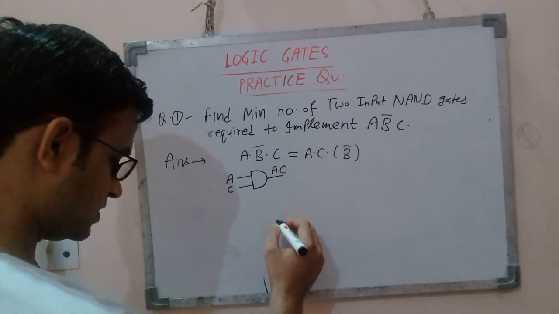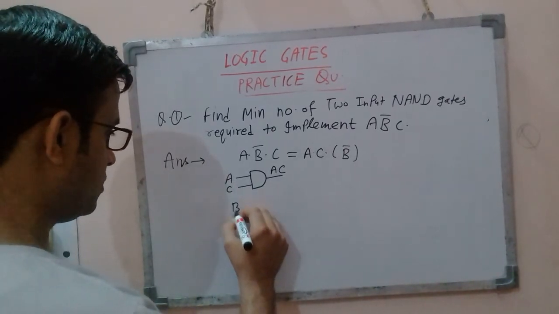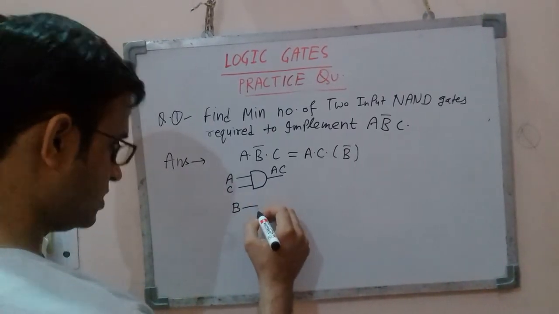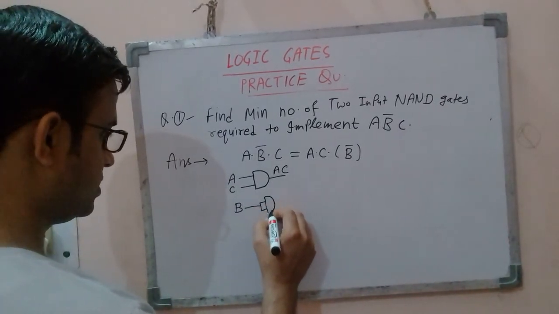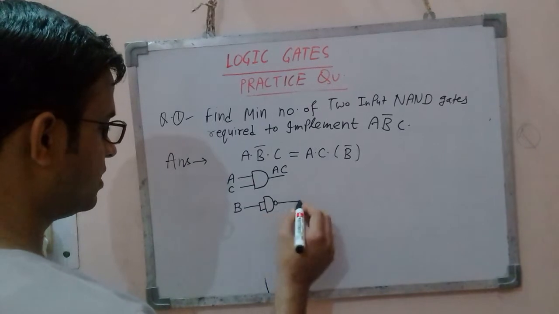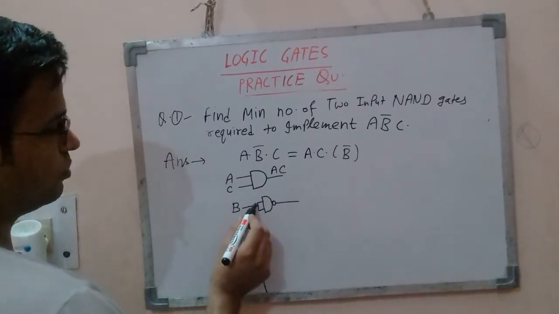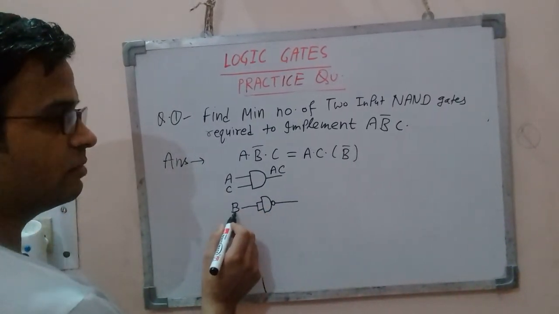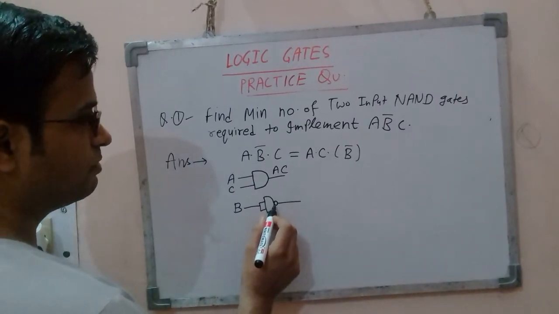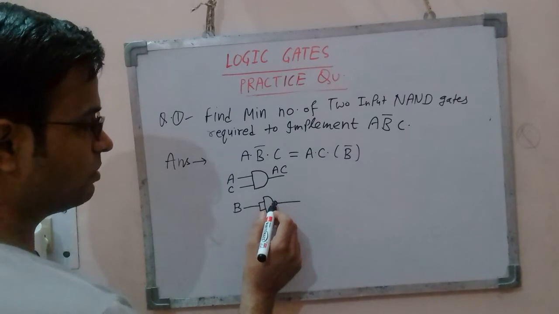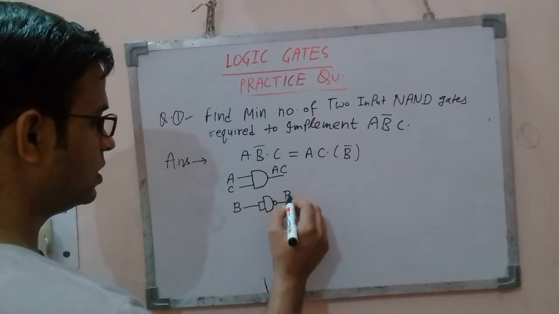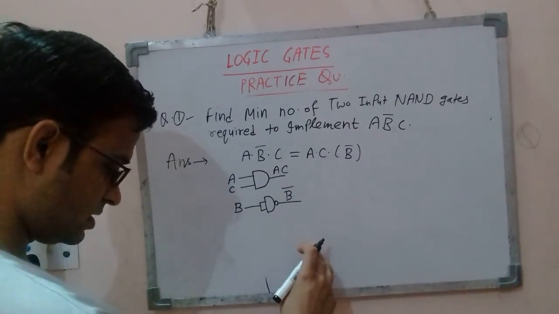Now pass B into a 2 input NAND gate like this. On both the inputs you are providing the variable B. So B into B is equal to B, and its complement due to this bubble, so it will give you B bar, right?